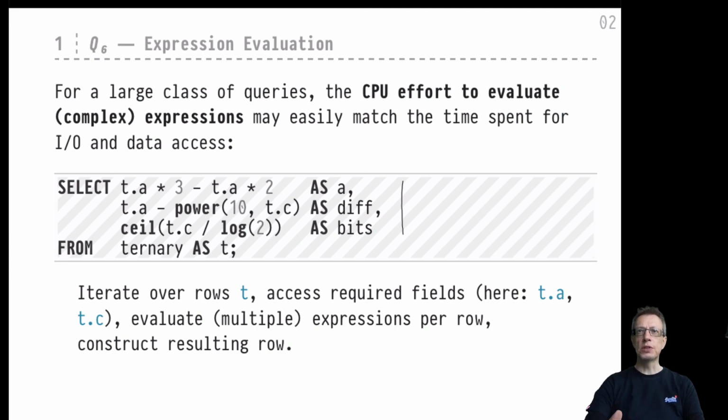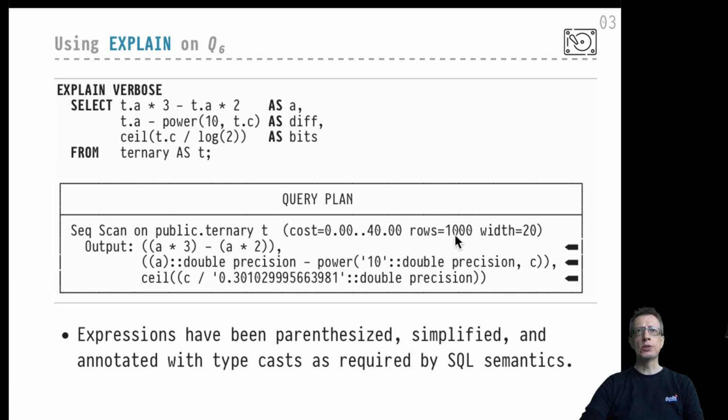This is Q6. Okay, so let's look at the explain output for query Q6. Let's run an explain verbose on query Q6. And what you can see is a very simple plan. It's actually a one operator plan from the viewpoint of the relational data model.